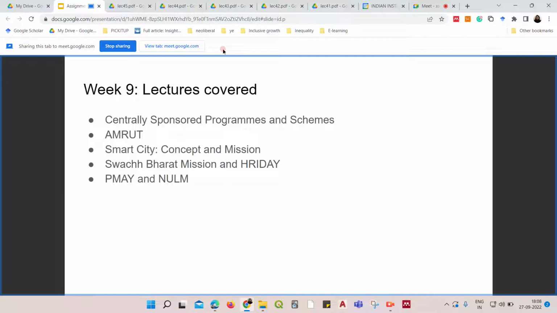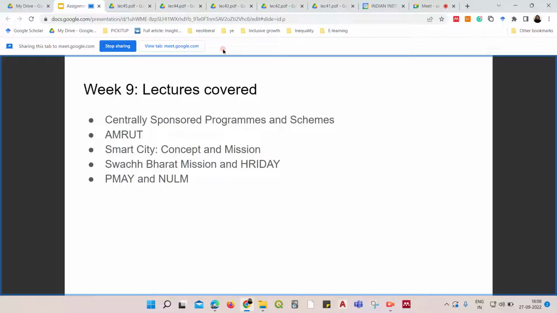Then you would have gotten a brief introduction to smart city concept and mission. So in this lecture you would have gotten to know the background of what smart cities are, how smart cities are defined, what's the concept, how do we understand a city to be smart city, what are the conceptual frameworks associated to calling a smart city, and whatever goes into making a smart city.